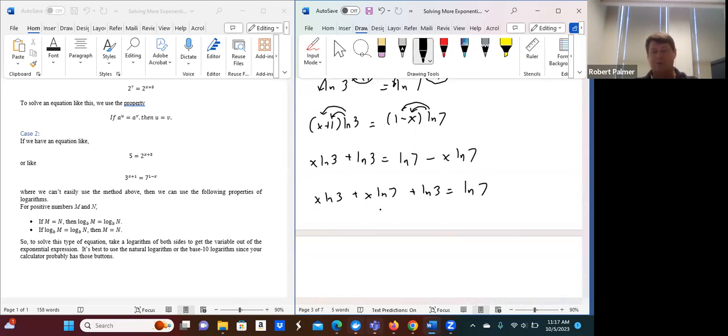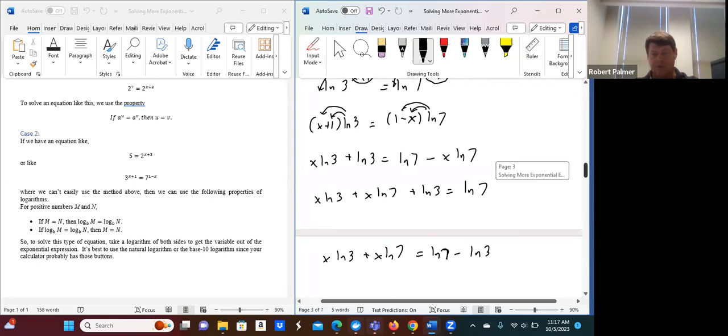Okay, so I just added this term to both sides to get it over here. Now let's subtract this term from both sides. And so we have x times the natural log of 3 plus x times the natural log of 7 is equal to the natural log of 7 minus the natural log of 3. Okay. Now we're almost there.